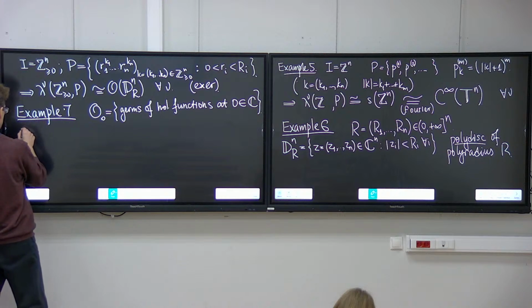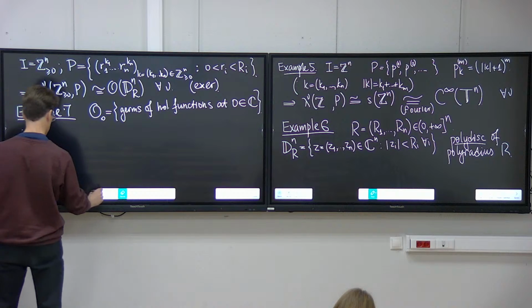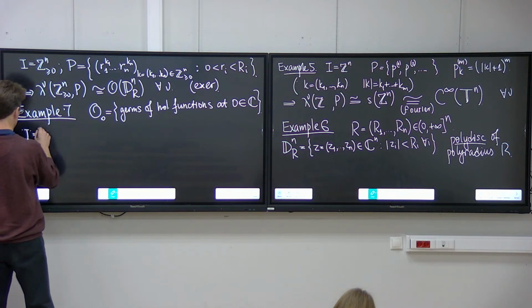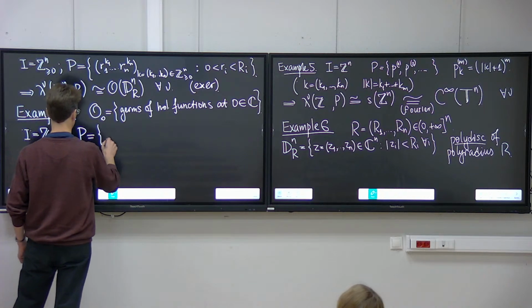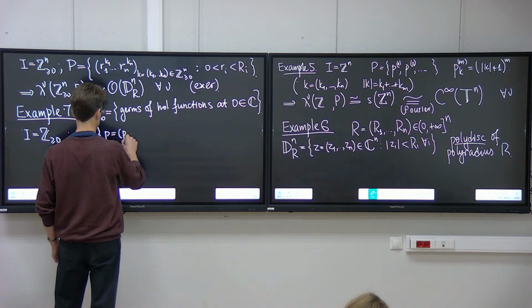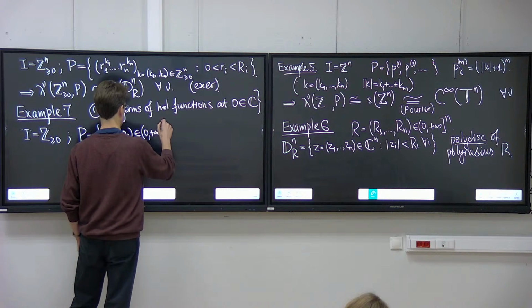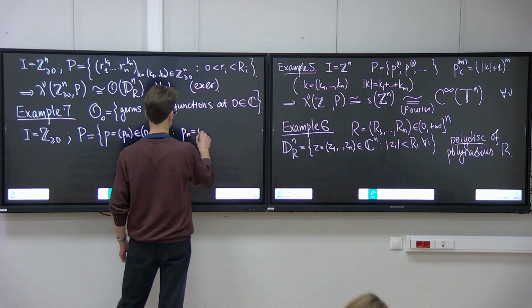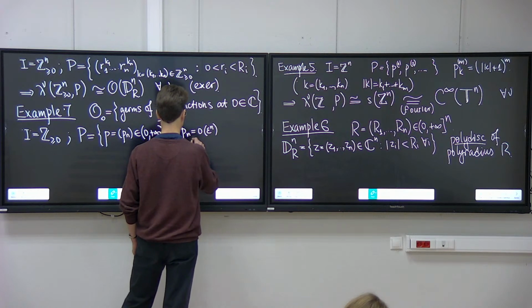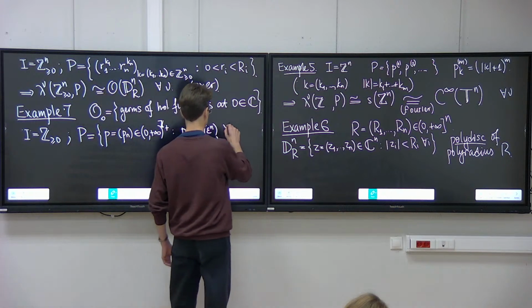So the respective index set will be just the set of non-negative integers, and the Köthe set P consists of all those sequences p_n of positive numbers such that p_n goes to 0 faster than epsilon to the power n for every positive epsilon.